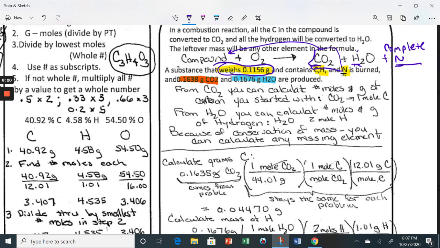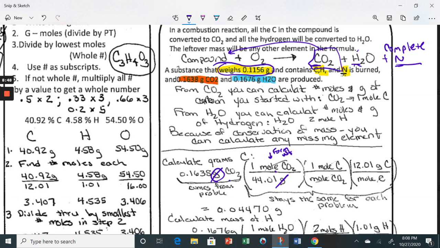So we go backwards. If I know how much CO2 there is, I can find moles of CO2 by converting with the formula weight. Okay? So this is the formula weight. We're going from grams, so we cancel out our grams, so the grams go on the bottom, 2 moles. I know that 1 mole of carbon exists for every mole of CO2.